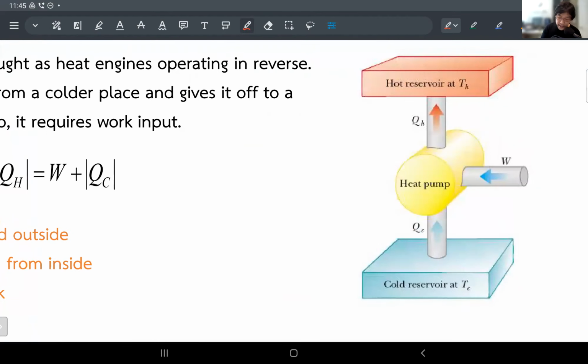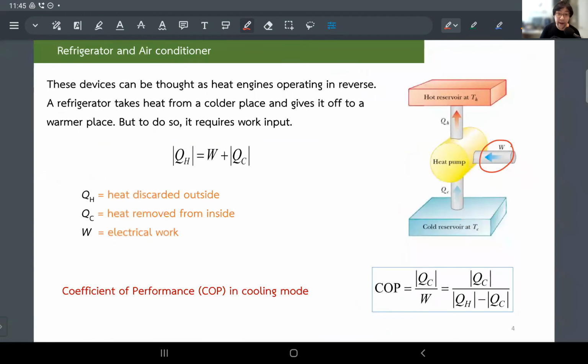Is it possible that I can run the engine backward by giving some heat to the hot reservoir and pulling some energy from the cold reservoir? Yeah, but if you want to do this, you have to reverse the direction of the work as well. And this is the same diagram, but everything runs backwards.